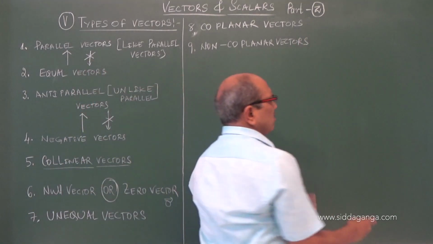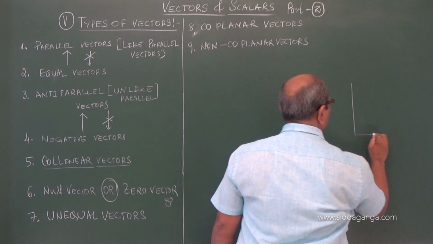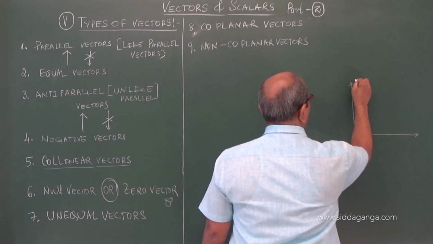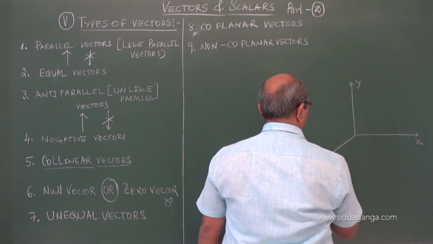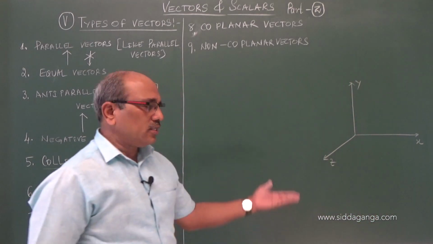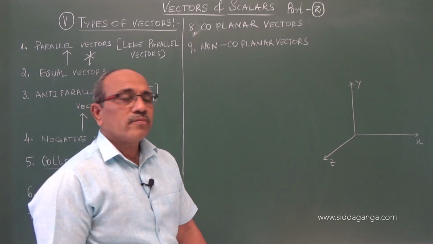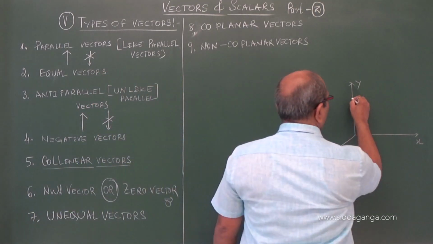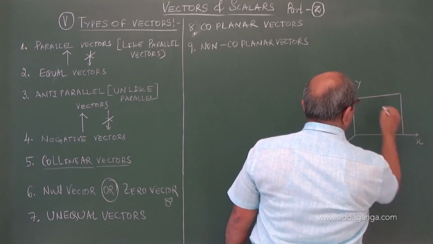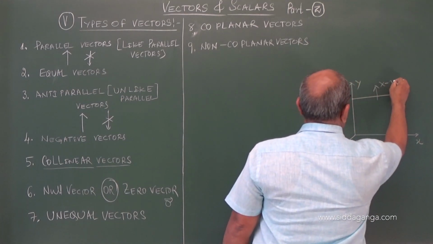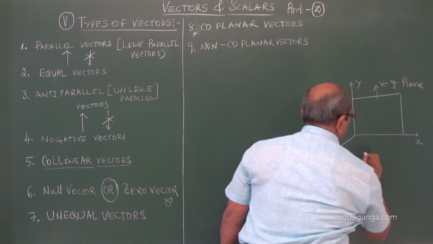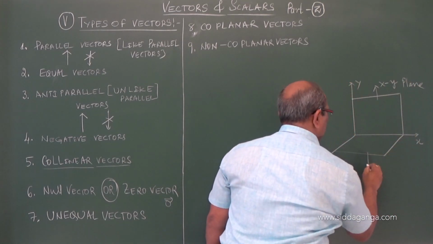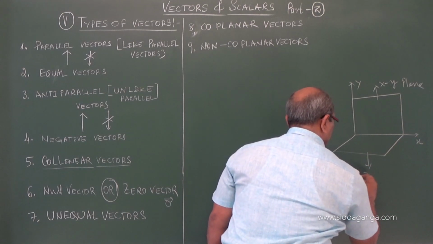You have learnt about Cartesian coordinates. In coordinate geometry I have taken x, y and z. If I consider this, I call it the xy plane, and I call this plane the xz plane.